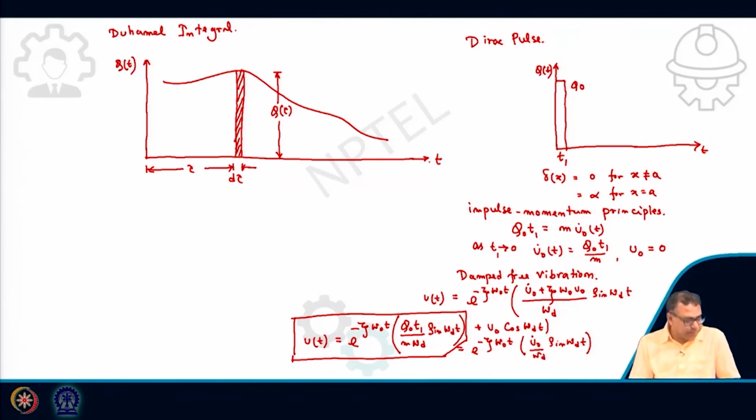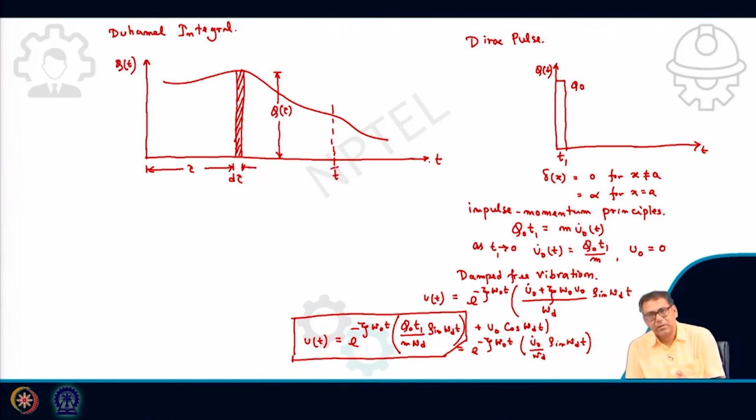So for arbitrary loading, what I will do, I have applied the load at a distance of tau, the thickness is d tau, and I want to get the response at a time of t bar.